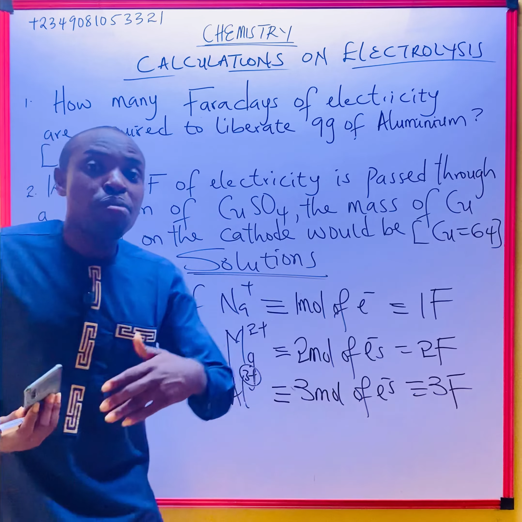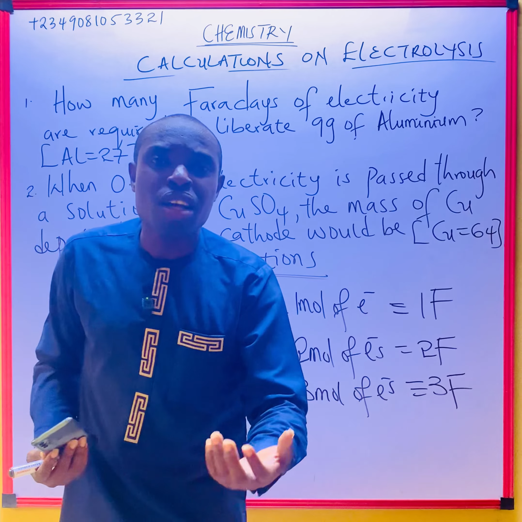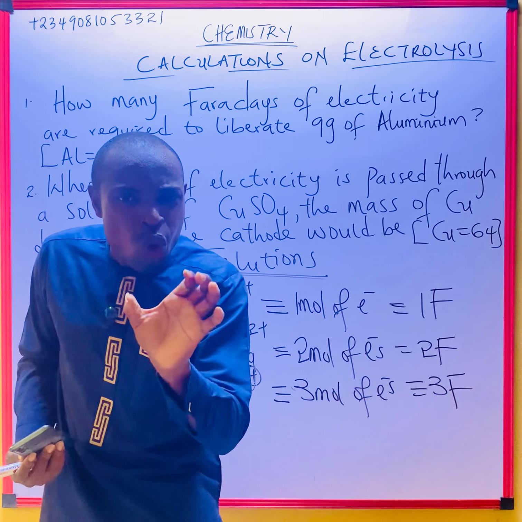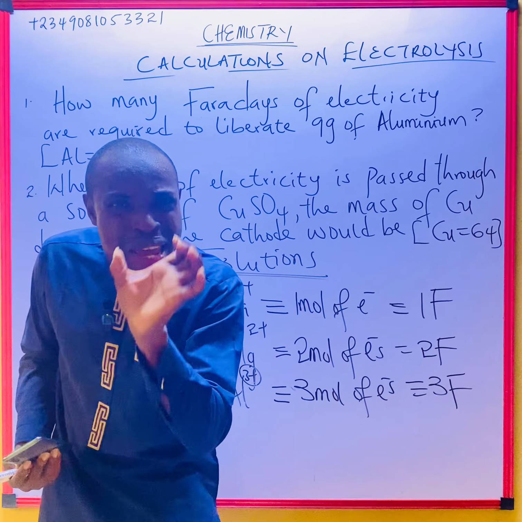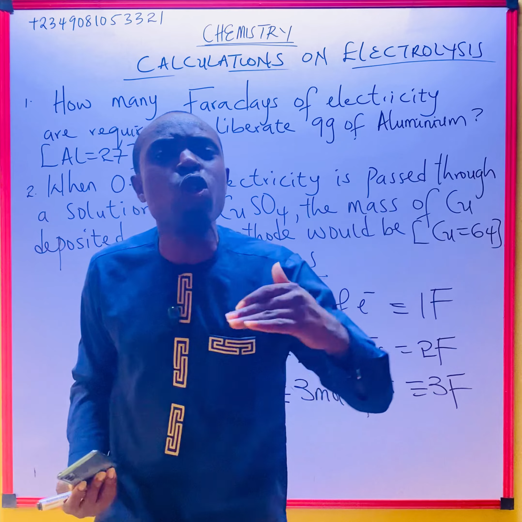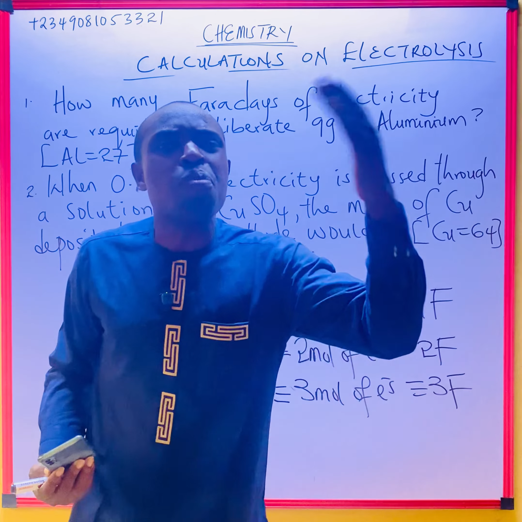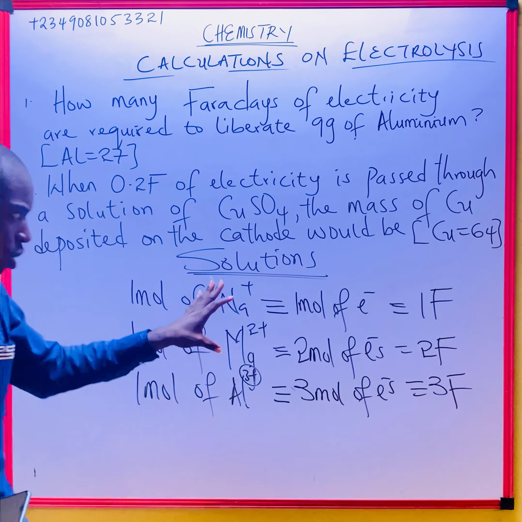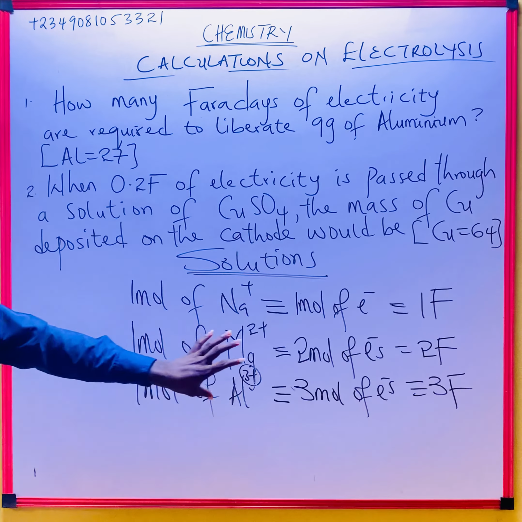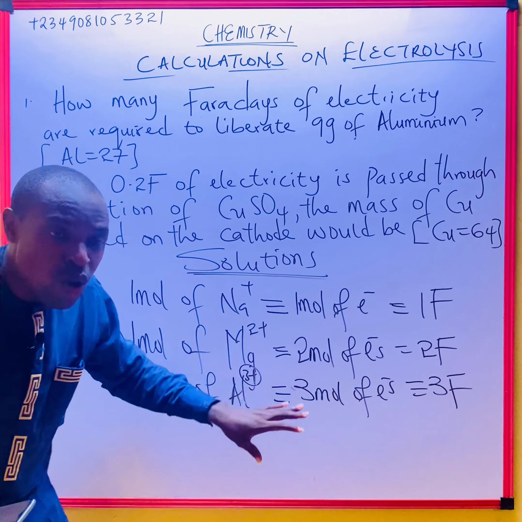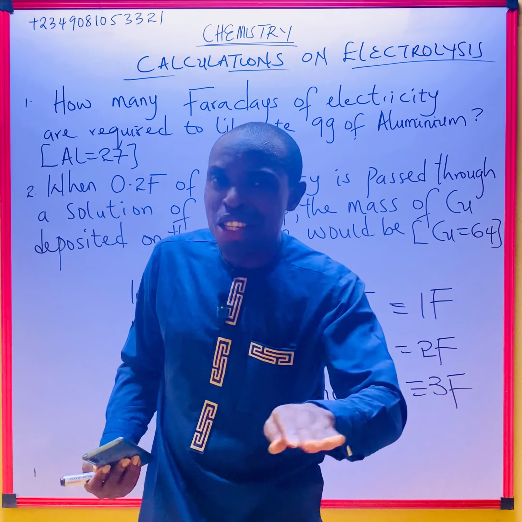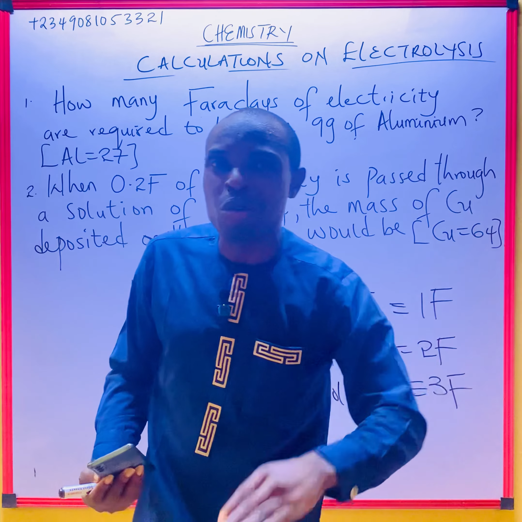There are some persons who might want to give you a shortcut, but I want to break it down to the barest minimum, so that anywhere you see it, you can understand the chronology or the principle that is followed. If you understand this part, when we are solving questions, you'll be giving it the master's approach.